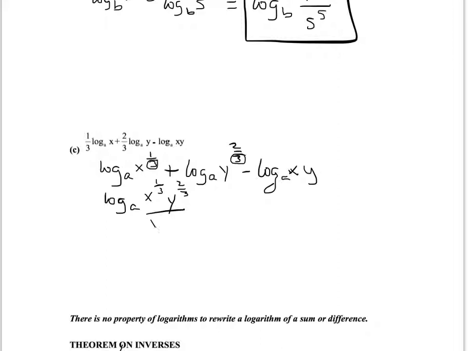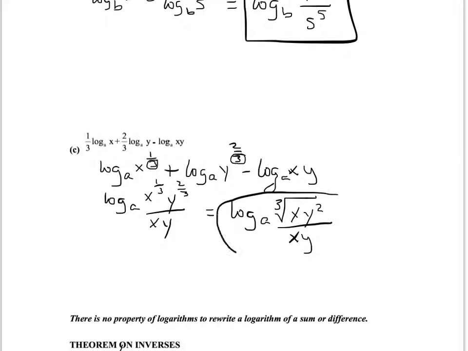I'm going to have an xy in the denominator, but when I go back into radical form from the fraction exponent form, since both of these denominators in the fractional exponents are 3's, I'm going to take the cubed root of x to the 1st power, y to the 2nd power over my xy on the bottom. And that would be condensed in simplest form.